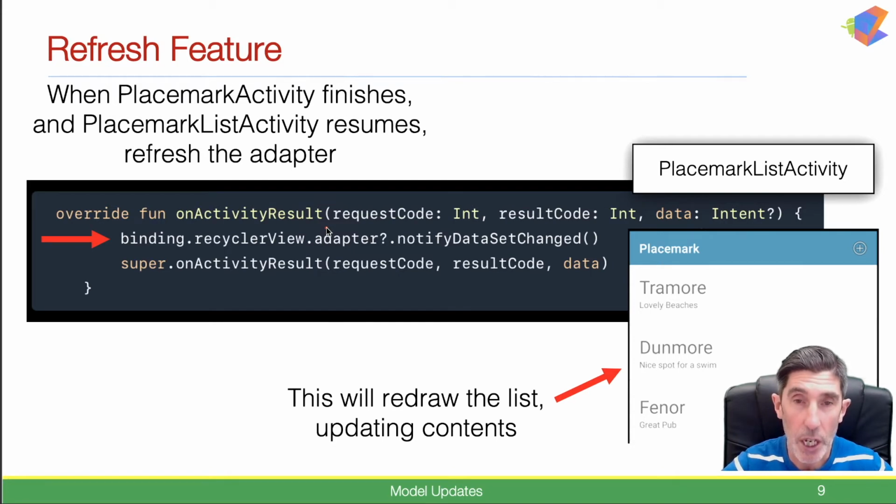This function is called automatically, and we have the line of code here to call notifyDataSetChanged on the adapter, basically telling it to refresh itself. Which again is returned back, and we get something like this, depending on what you may have done with the list.